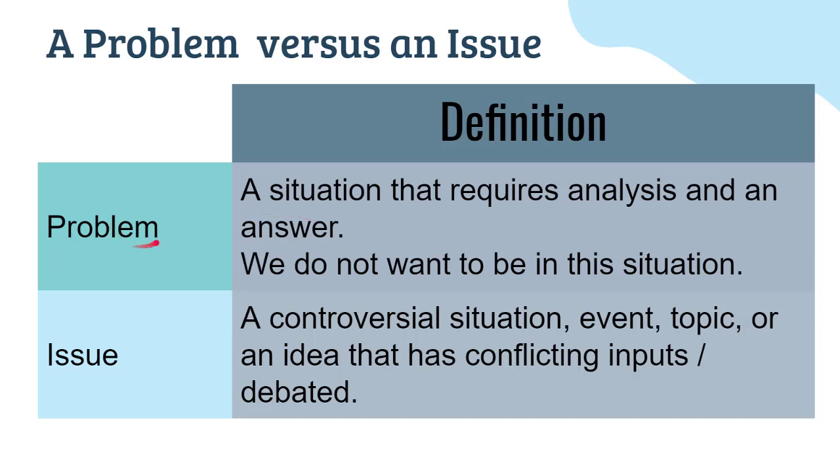On the other hand, an issue is a controversial situation, event, topic, or idea that has conflicting inputs or is currently being debated. Now, we also do not want to be in a situation that is problematic and situations that are laden with too much issues. Why?